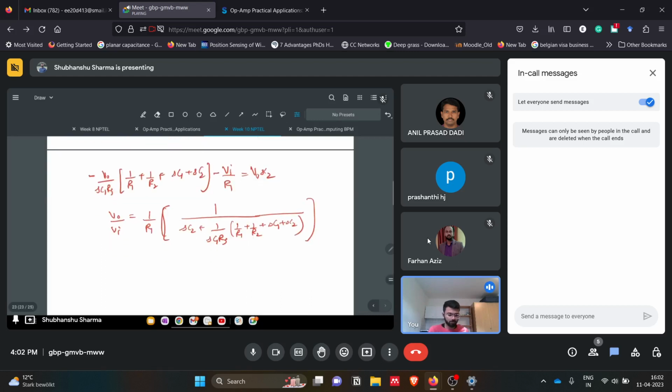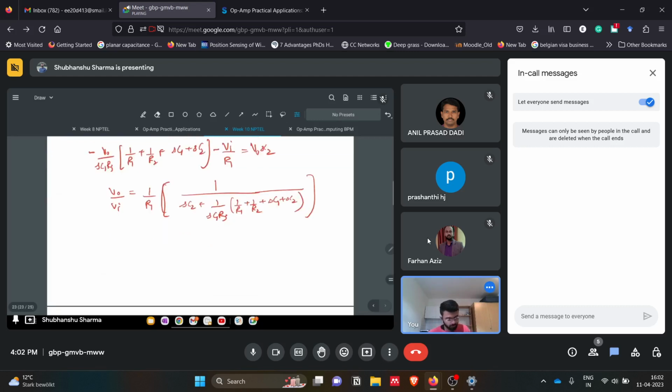So if you solve this equation, you can get the roll-off factor from the characteristic equation. The characteristic equation is the equation at the denominator. You will get something at the numerator and something in terms of s square in the denominator. So based on that you can get the roll-off factor.